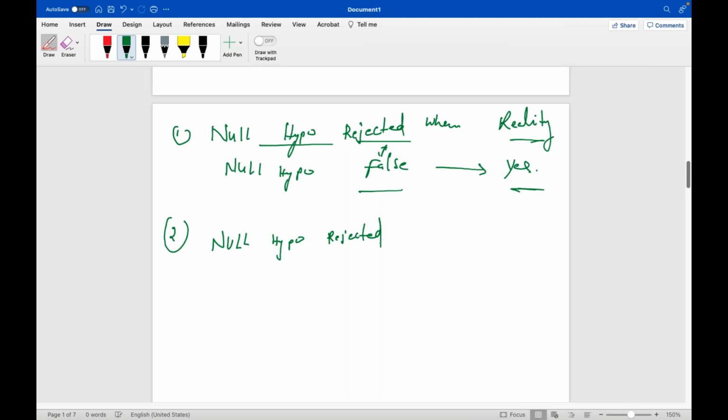You are proving that your null hypothesis is rejected, but actually in reality check, the null hypothesis is true. Is it an error or is it correct? Tell me.